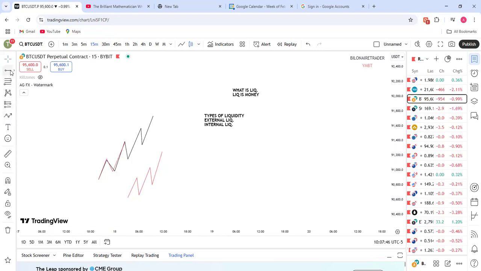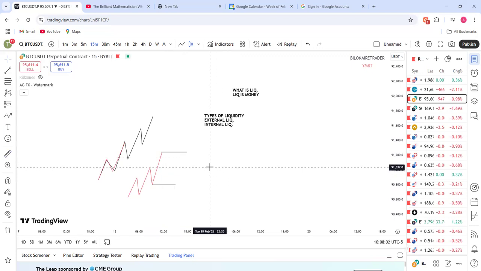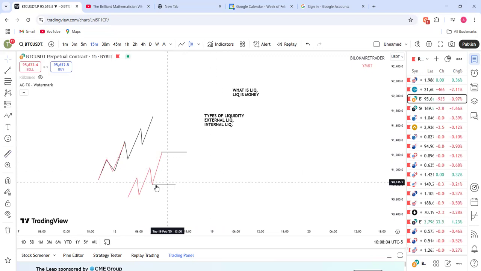From this zone where the market reversed to this high is referred to as a range. Here to here is a range.